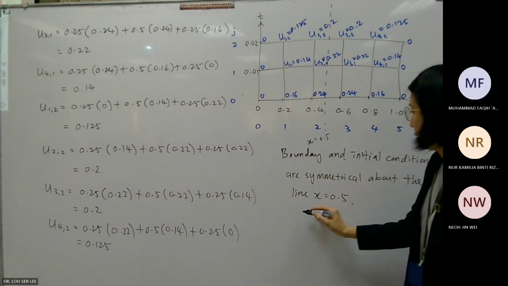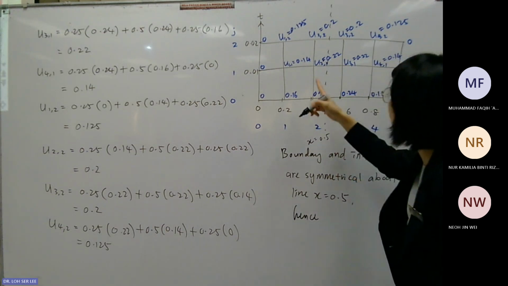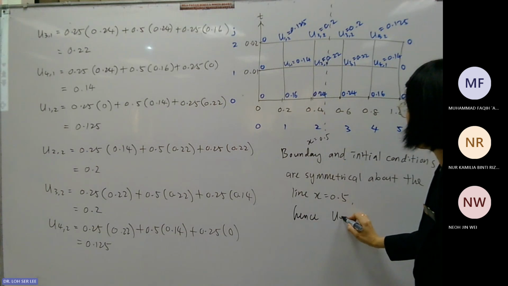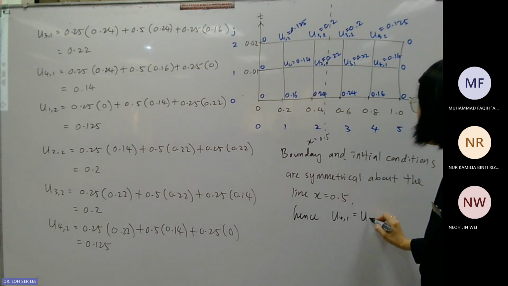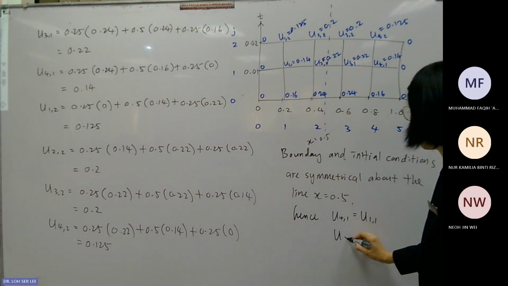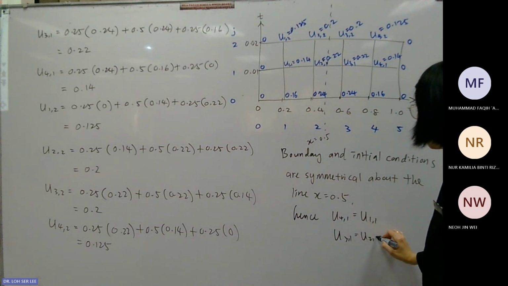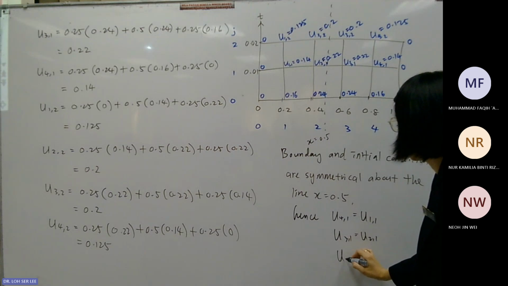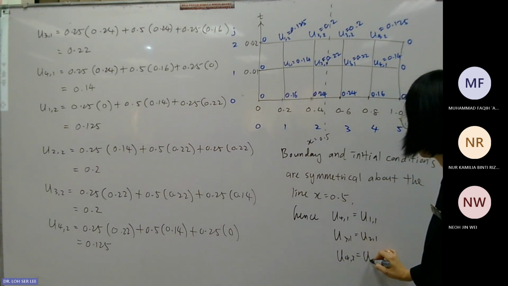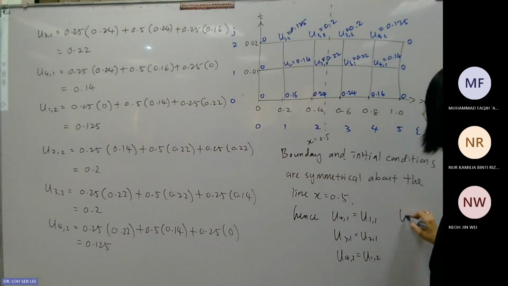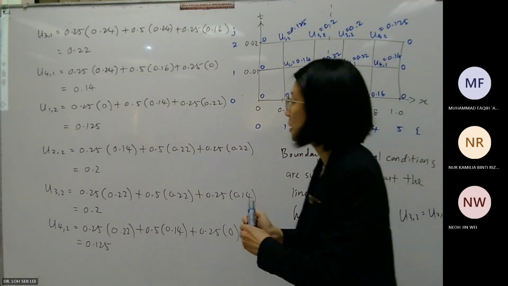So hence, U41 equals to U11, U31 equals to U21, then U42 equals to U12, and U32 equals to U22. Okay.